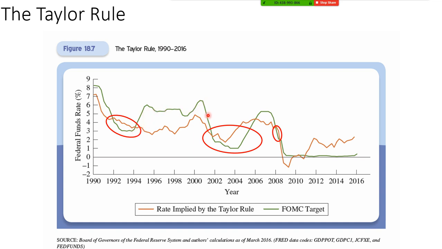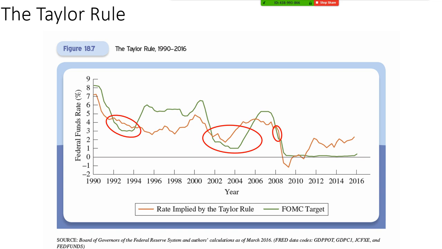But obviously and clearly there are some spots where the FOMC target or the Federal Reserve's target for the federal funds rate was actually below the rate implied by the Taylor rule. And that's what I have circled in red. So it's about 1992 to 1993, maybe 2002 to about 2005, and 2008 to 2009.